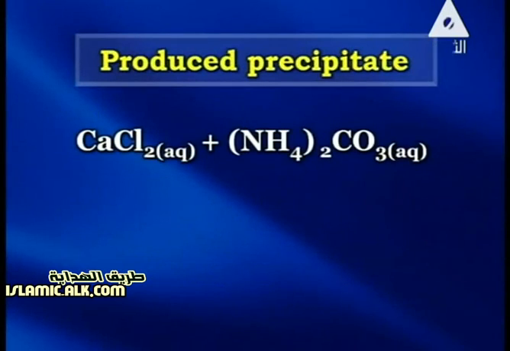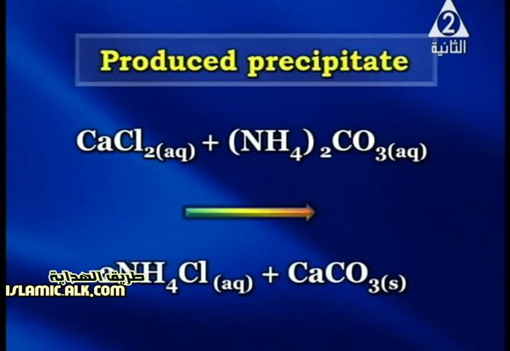As the equation proceeds on the screen, calcium chloride plus ammonium carbonate solution gives ammonium chloride aqueous solution and a white precipitate of calcium carbonate, as the following animation shows. If we add the ammonium carbonate solution to the salt solution of calcium, it gives a white precipitate of calcium carbonate.